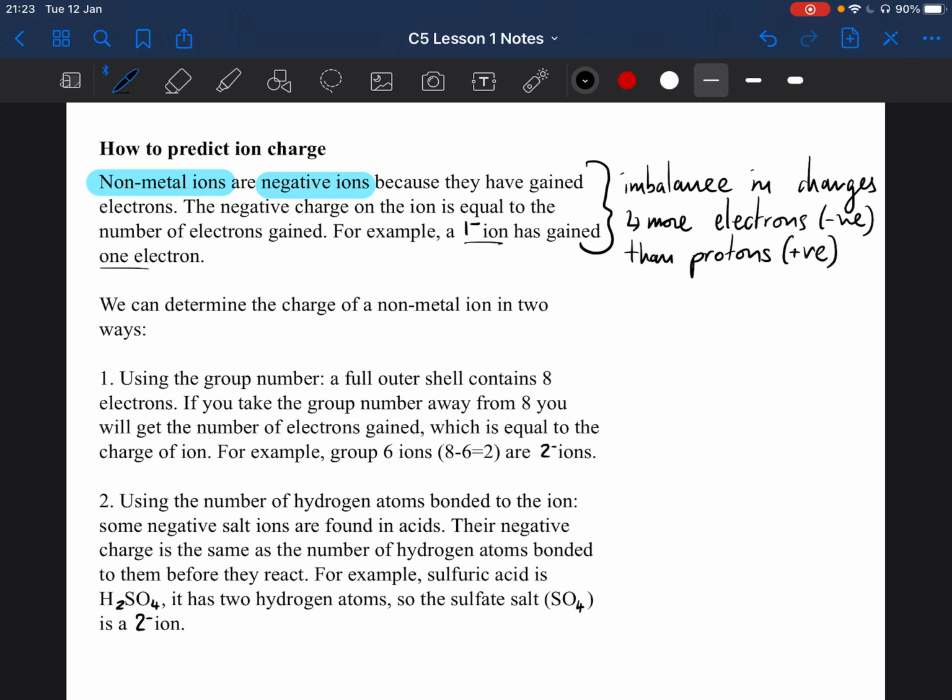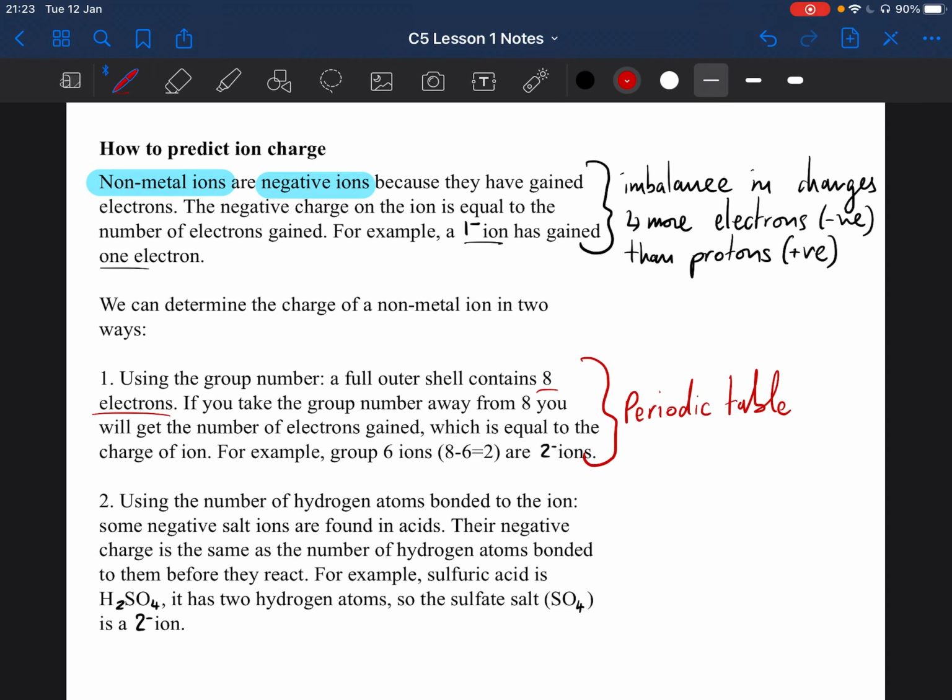And again, we have two ways of determining the charge on our non-metal ion. The first one, just like before, uses your periodic table and a little bit of maths. We know that 8 electrons gives a full outer shell at GCSE.